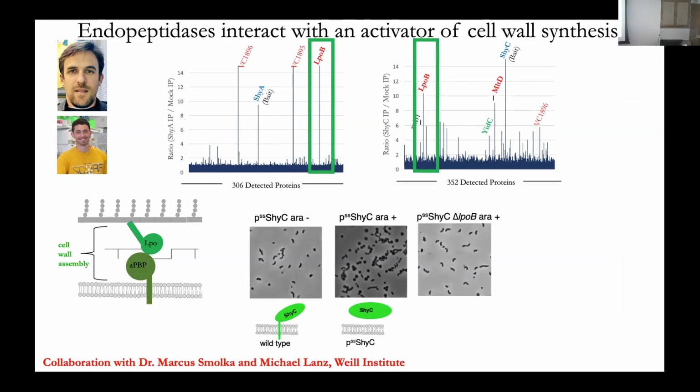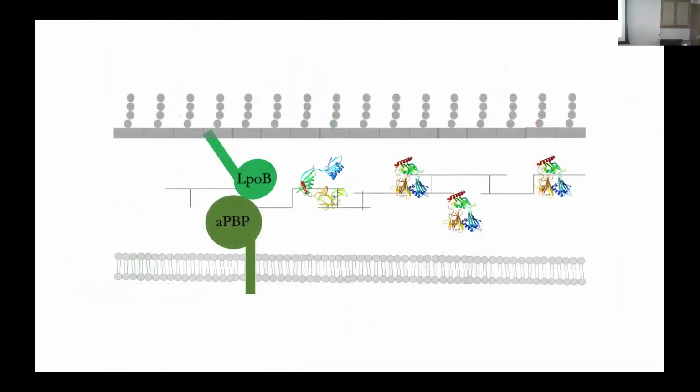Which means that if we repeat this experiment in delta LpoB, we shouldn't see sphere formation anymore, and that's exactly what happens. So that tentatively suggests to me that LpoB might be an activator of endopeptidase activity as well, and this would be a very simple model then, that you get this conformational switch, and the interaction with the cell wall synthesis machinery stabilizes that and activates endopeptidases.